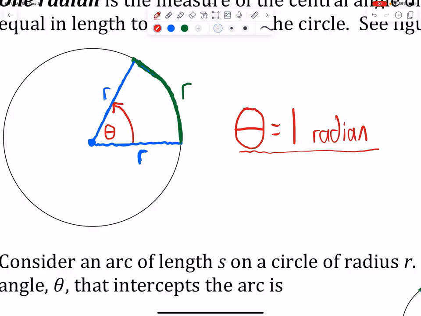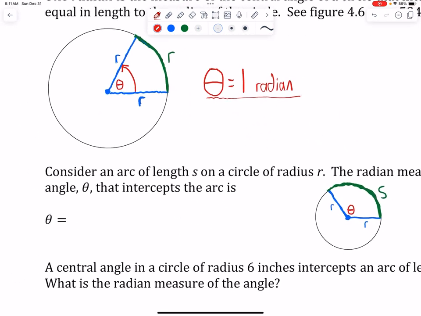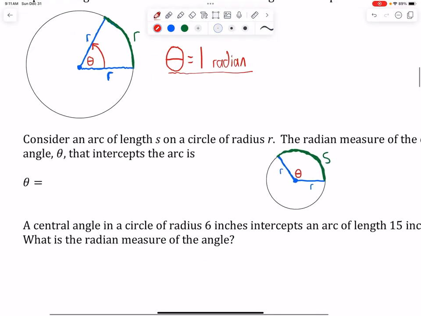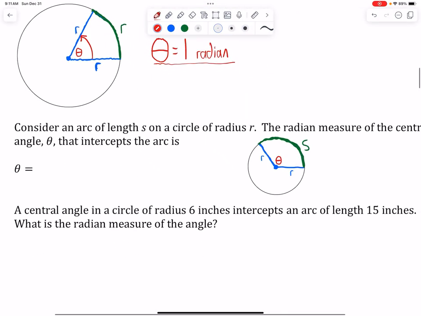So half of a radian would mean that the arc of the circle is half as big as the radius of the circle. Or 2 radians would mean that the arc of the circle is twice as big as the radius of the circle, and so on. And a formula we're going to deal with talks about how arc length, radians, and angles are related to each other.